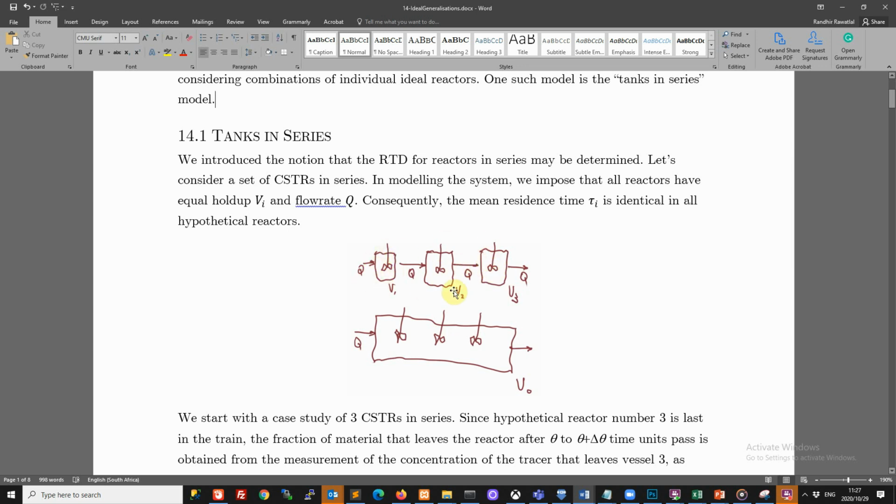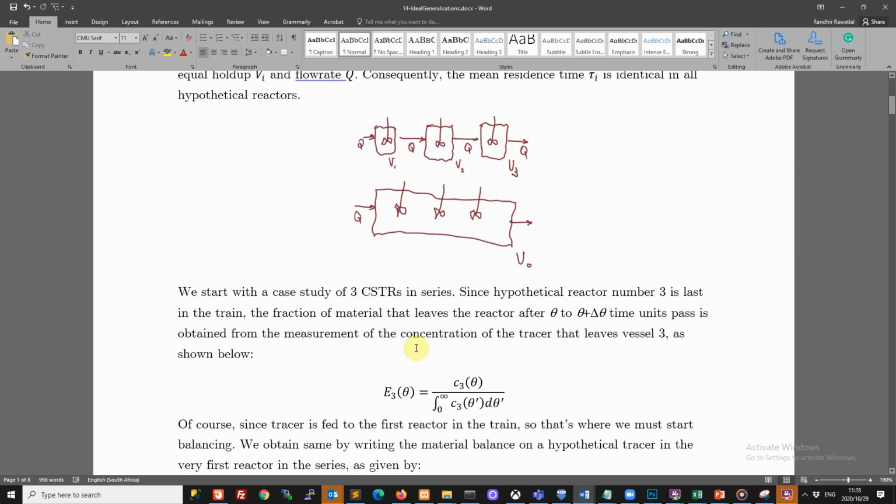So for this entire volume, can we deduce the residence time distribution? An assumption we'll be making is that these are all equal in volume. So V1 equals V2 equals V3, and we'll more generally call that Vi.